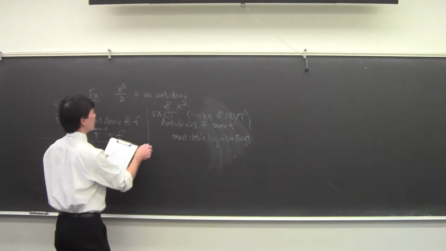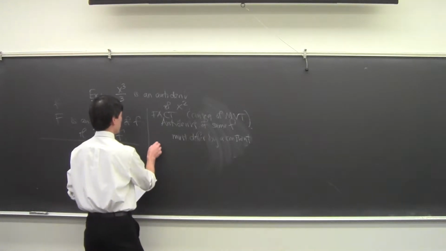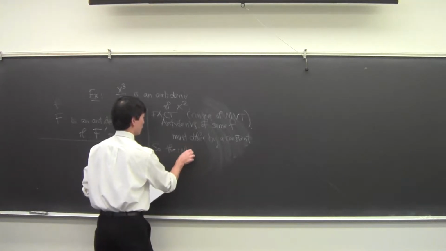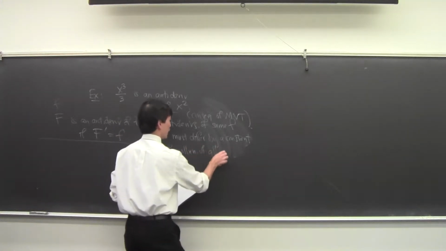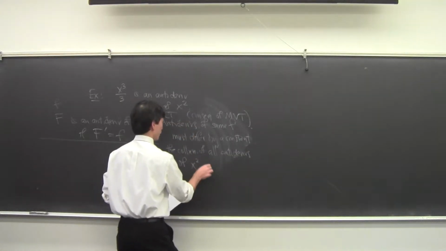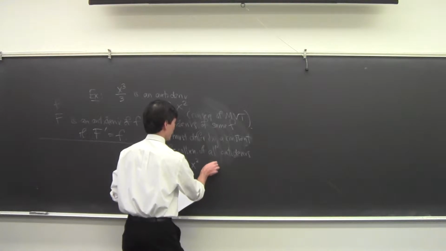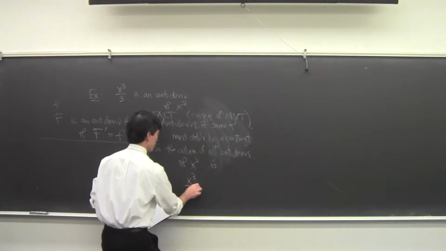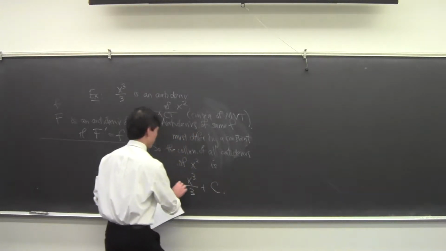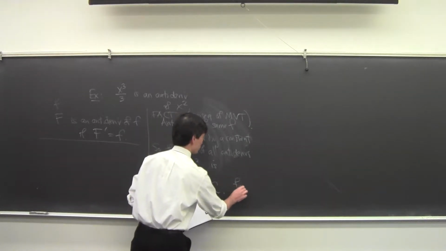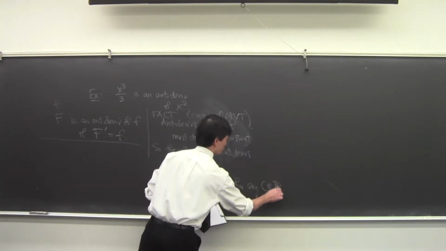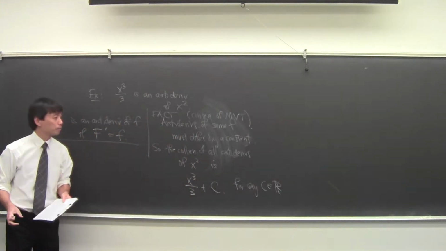So, right, the collection of all antiderivatives of x squared is just everything that looks like this, x cubed over 3 plus some constant, for any fixed constant, okay?